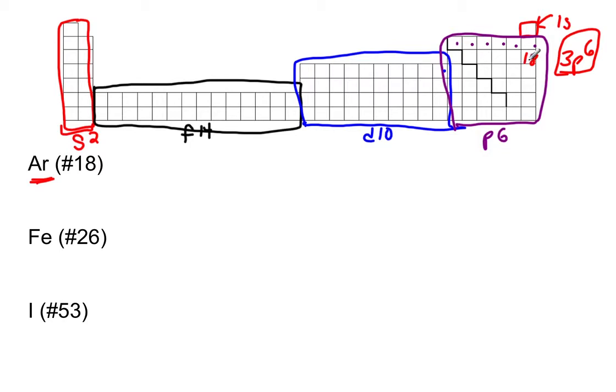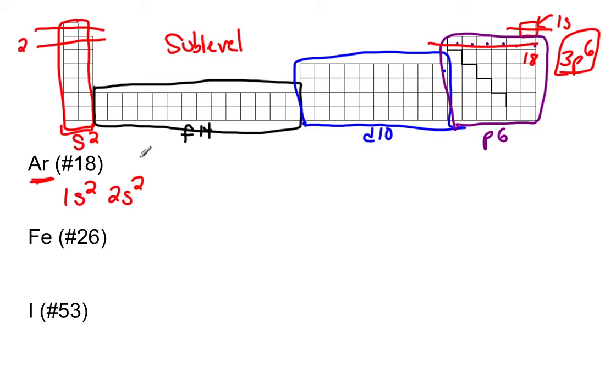Now, in order to get here, I've got to pass through the 1s, and it's filled, so I write 1s2. Then I go to the second row of the periodic table, 2s. Whenever I come to the end of a section or a sublevel, I record how many electrons are in there. Then I get over to here. Now I'm in the second row, the P section, and it's filled.